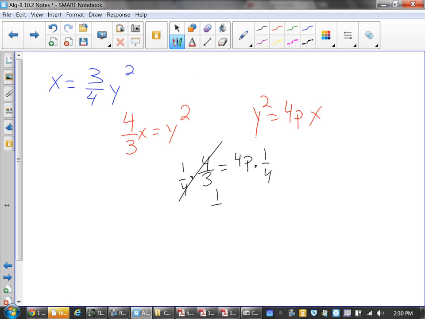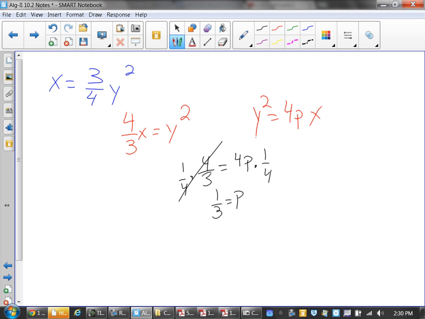So my p value becomes 1/3. This is one of the reasons why I rarely use the calculator for dividing 4/3 by 4. It takes too long. Multiply by a reciprocal, the 4s drop out right away, get 1/3. It's just a quick fraction simplification. So your p value is positive, so what direction is this going to open? It's going to open to the right.